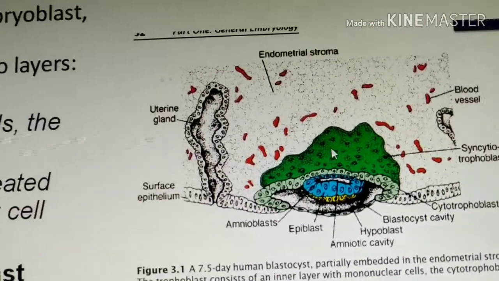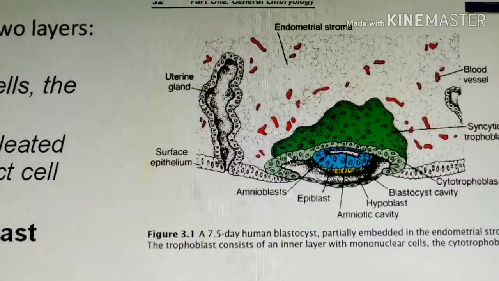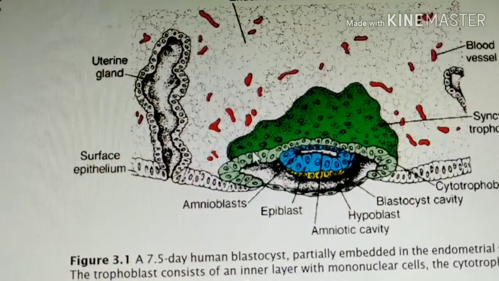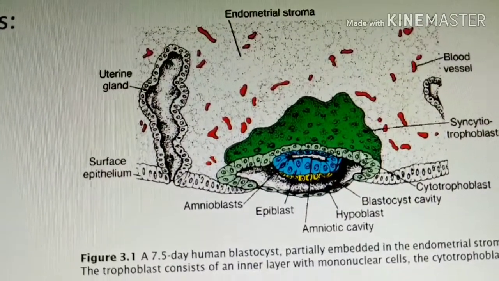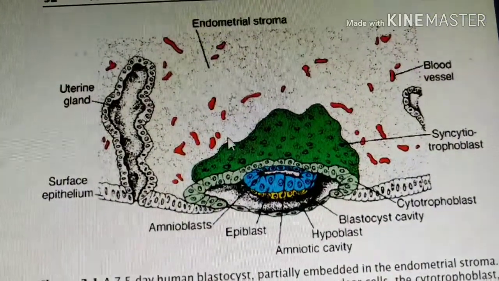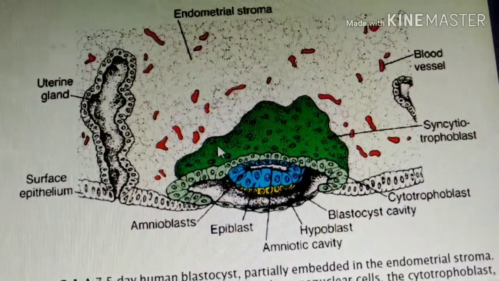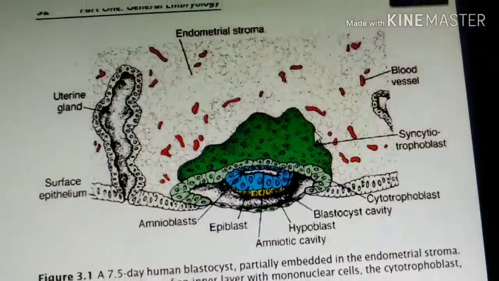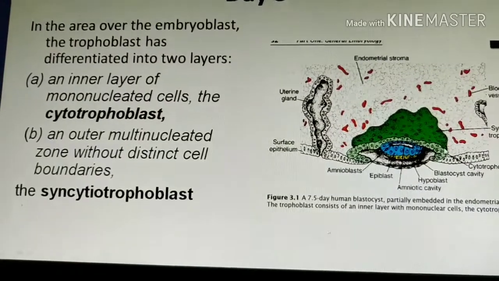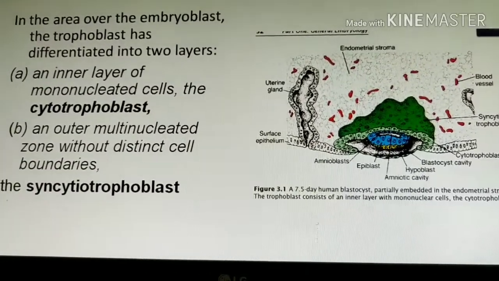So these are the syncytiotrophoblast. So the trophoblast differentiates into two layers: inner, mononucleated with a distinct cell boundary, the cytotrophoblast, and outer, multinucleated without distinct cell membrane, known as the syncytiotrophoblast.